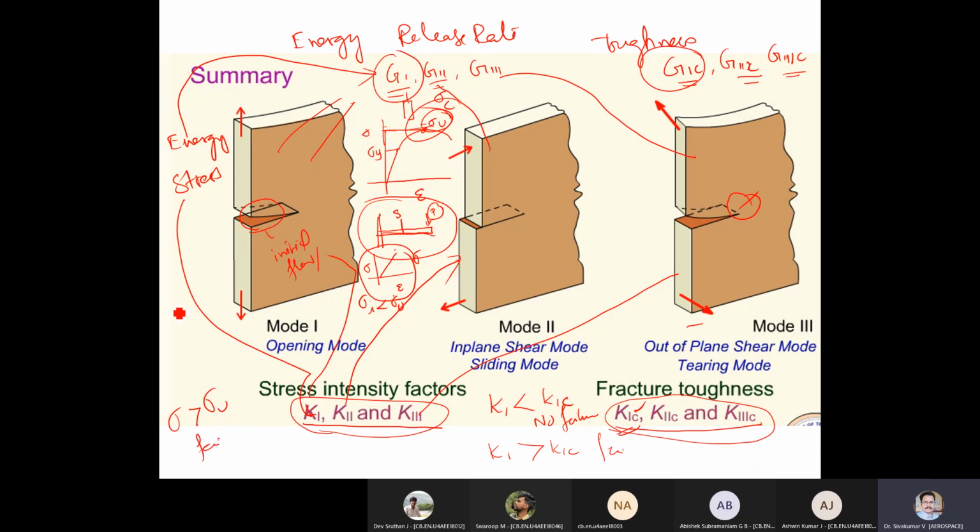Same concept. Energy: the instantaneous energy coming out of the load, if it is greater than its critical value for that mode, then failure will come, because this is critical. This is instantaneous, greater than that, failure will come. G1 is less than G1C, no failure.